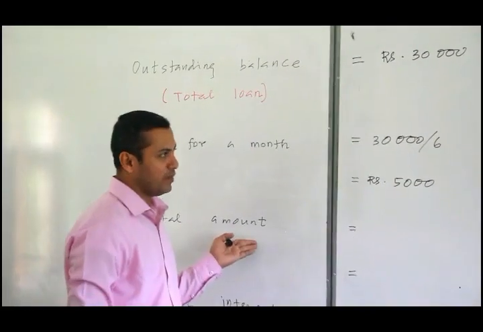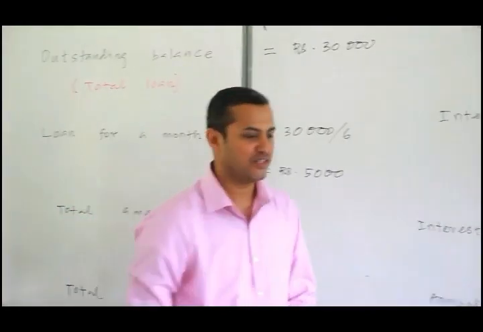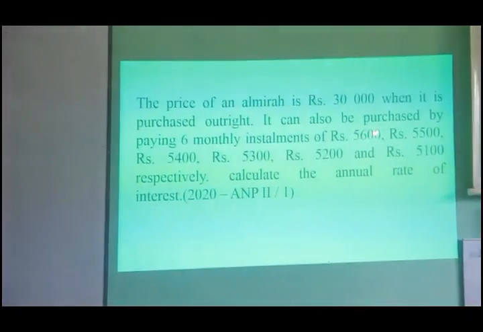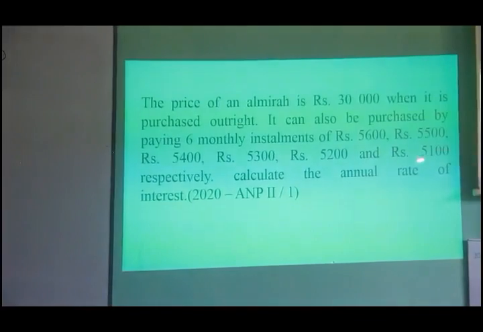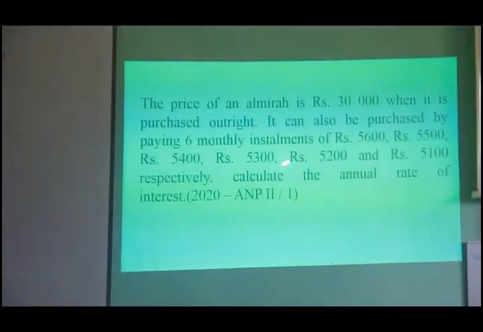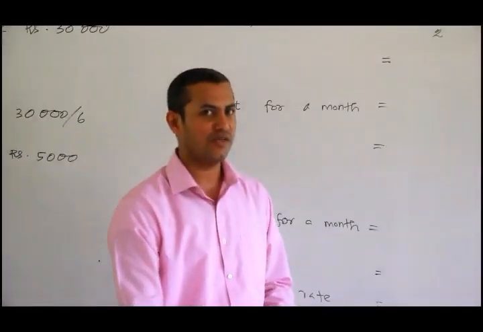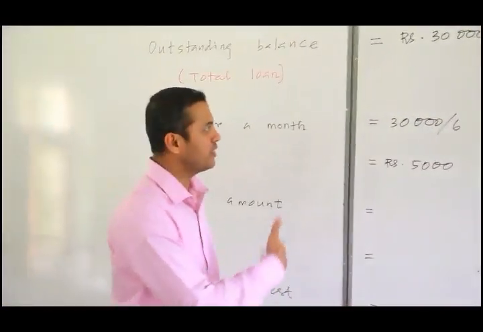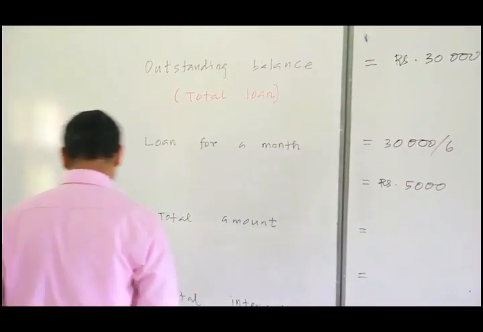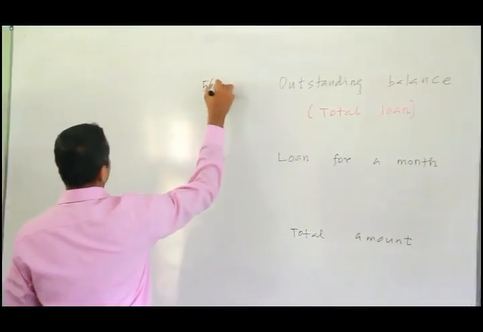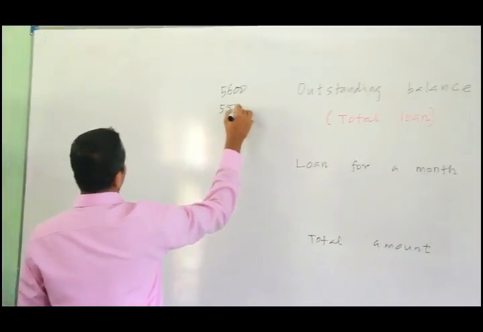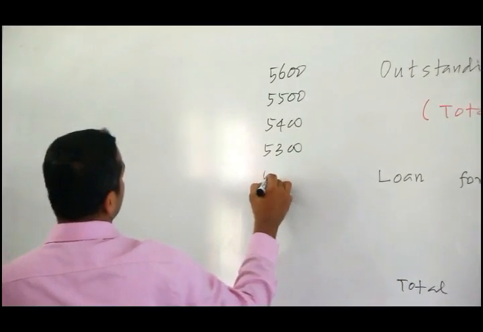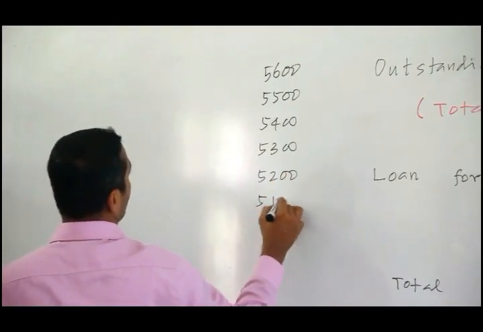To calculate the total amount, they are not equal monthly installments, but the values are given. So what we are going to do is add all these 6 values to get the total amount, because they are different. Starting from 5,600, 500, 400, 300, 200 and 100.